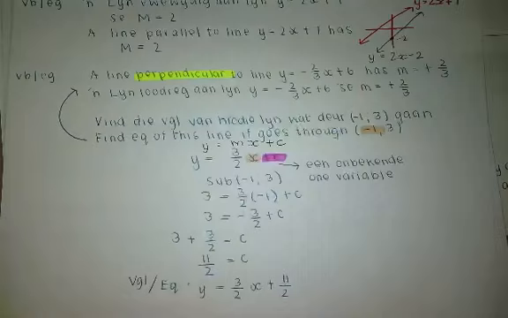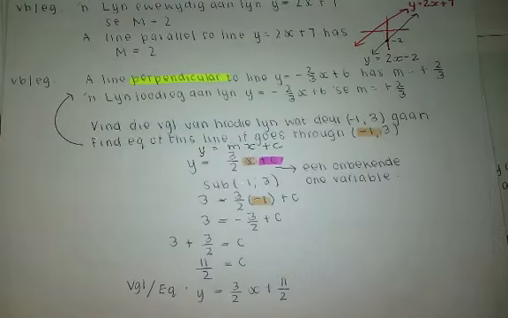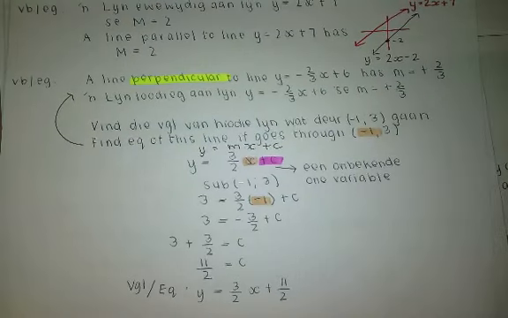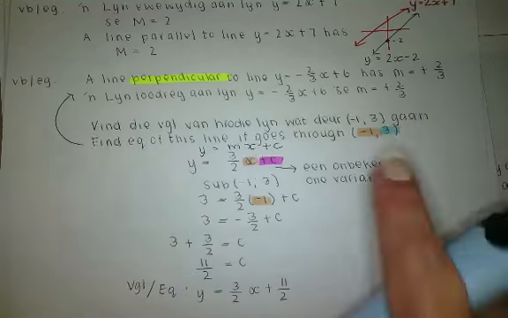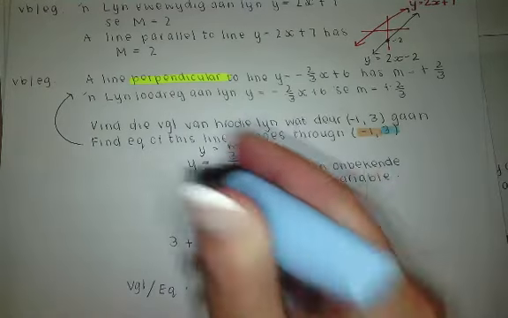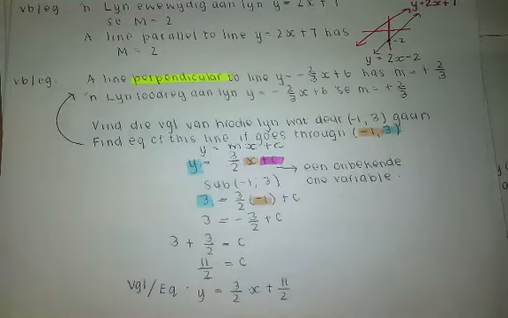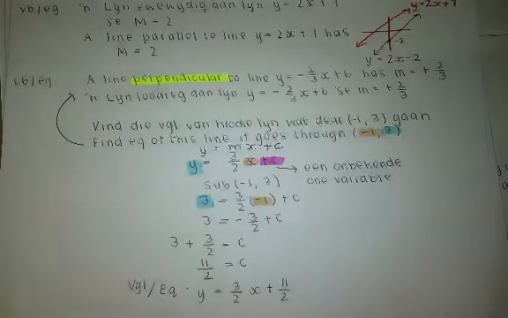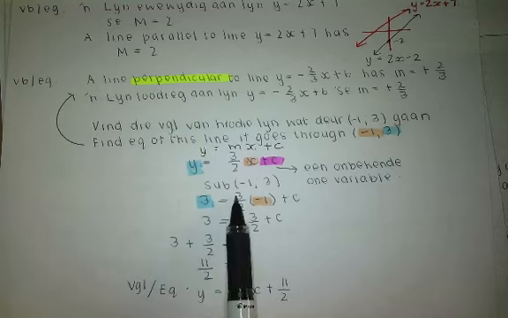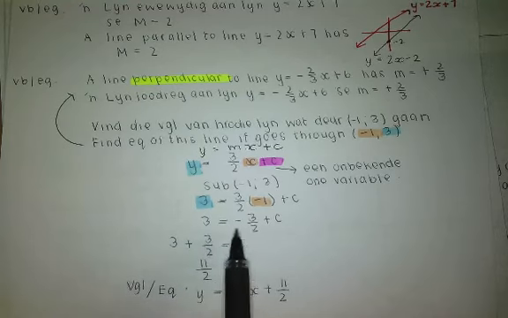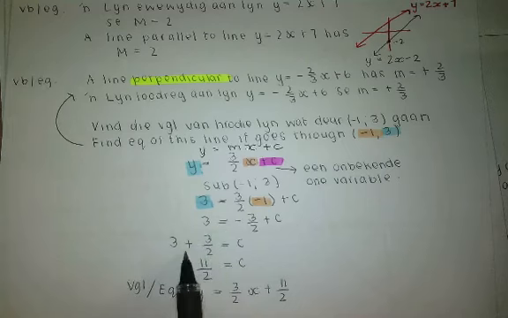Are you with me? In x's place, I'm going to substitute in -1, and in y's place, I'm going to substitute in 3. Right, now all I do is go back to a normal linear equation. 3 over 2 times -1 is -3 over 2.